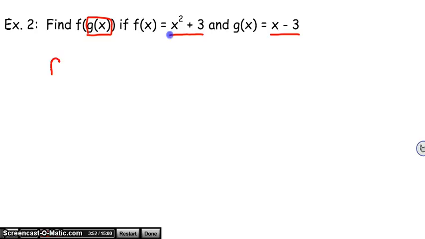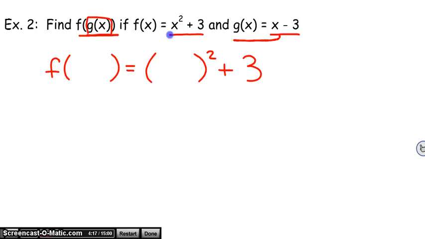So let's take the f function that looks like this. f of x equals x squared plus 3. Notice I left out the x's this time and put parentheses in their place. And within those parentheses, I'm going to put what I want that variable to be replaced with. And what I want the variable to be replaced with is g of x.